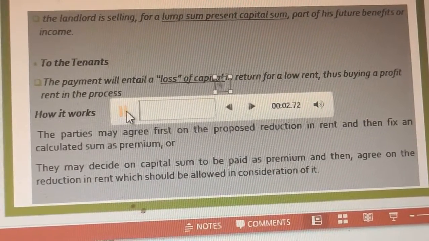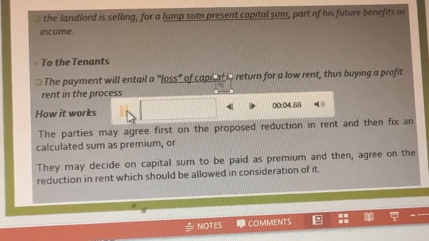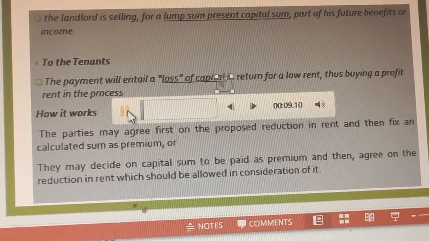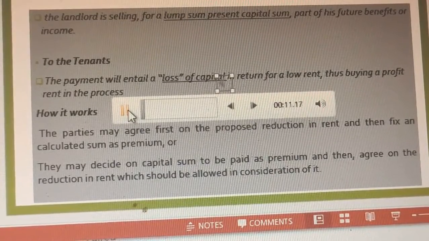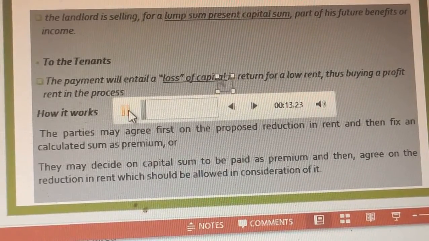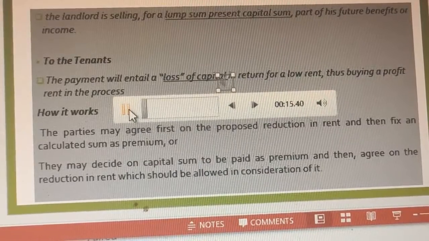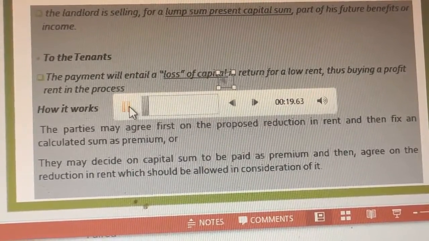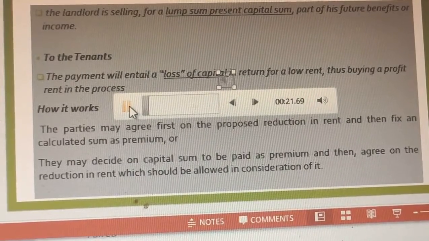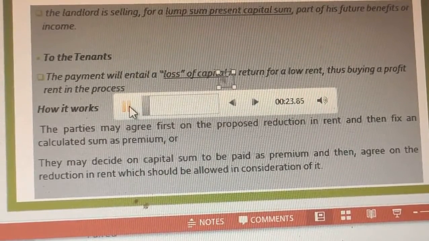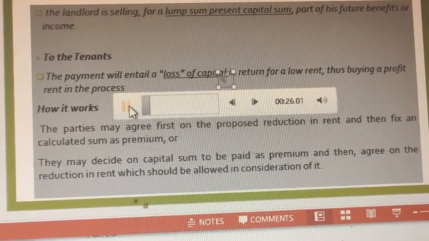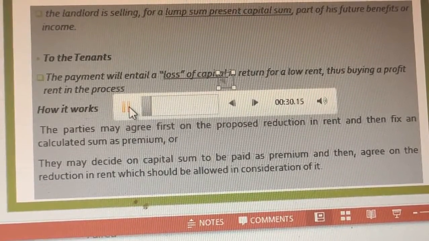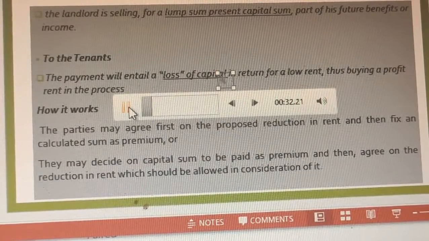Again, when you look at it critically, it appears that the landlord is selling part of his future income for a lump sum. That's how it appears, because if there's a reduction in rent, if there's a profit rent, that profit rent is what is being sold for a lump sum which he gets immediately, and that profit rent is his future benefit, because he's not getting the profit rent today.